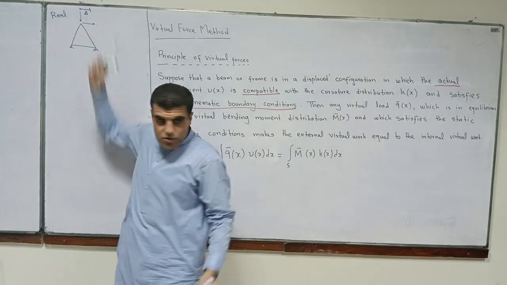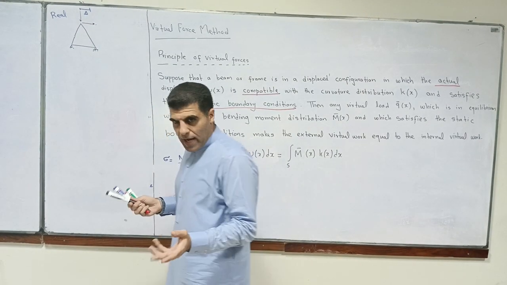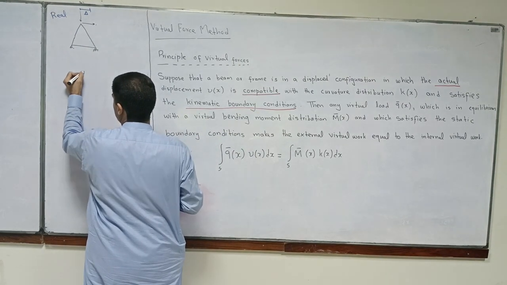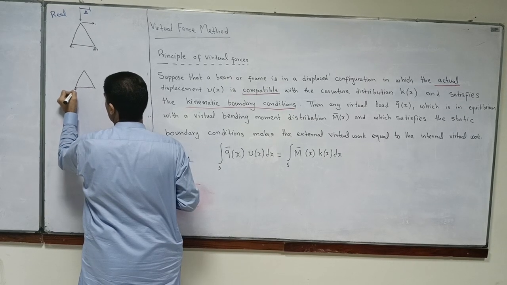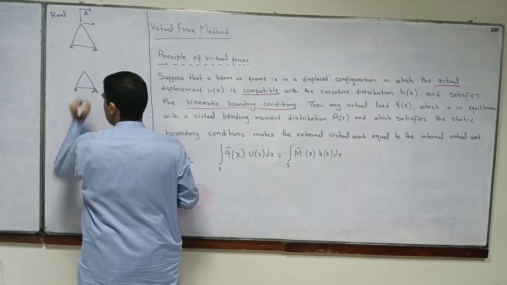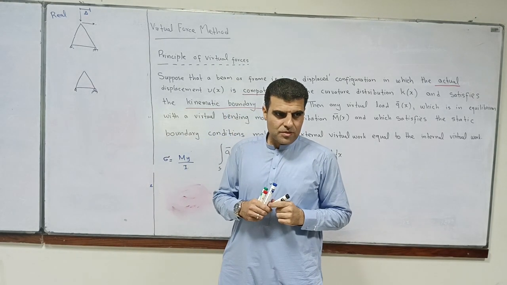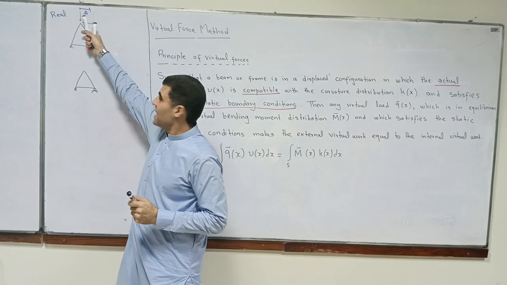The truss is subjected to some loading like this, arbitrary loading. What will I do? I can use the same structure and apply a virtual load. In what direction? I'm asked to find the deflection delta in this direction.